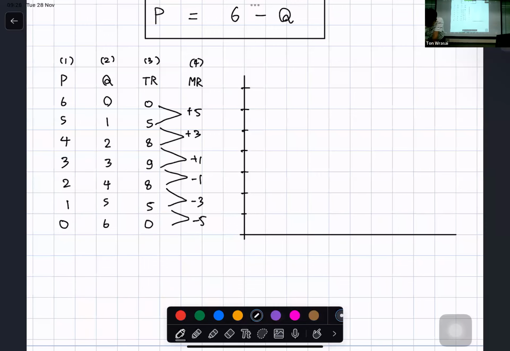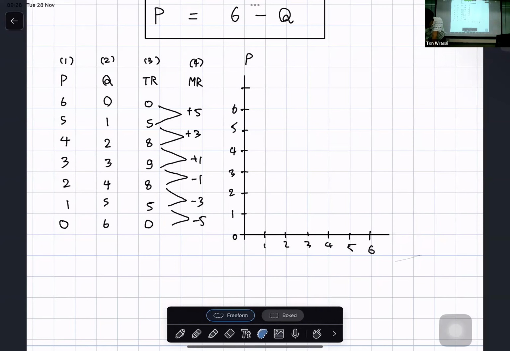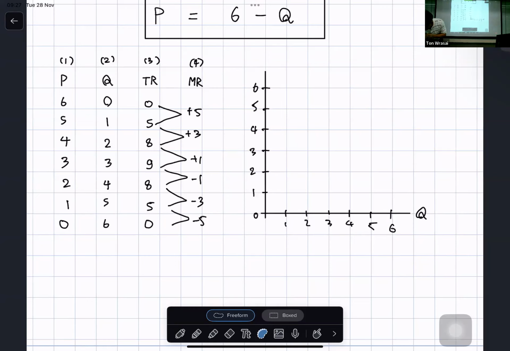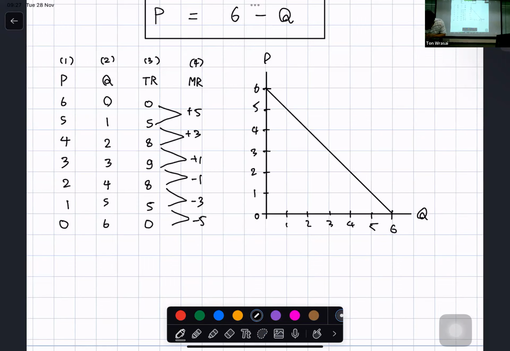P, price, and Q. One, 2, 3, 4, 5, 6, 7, 7 pairs. So start with six.